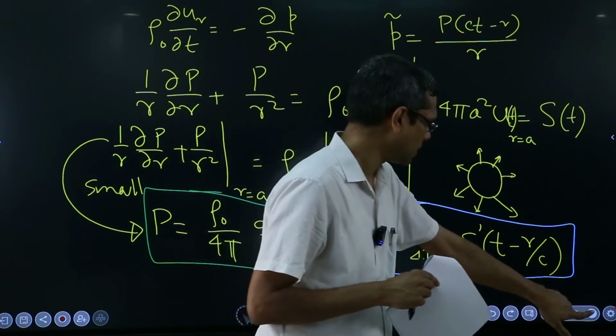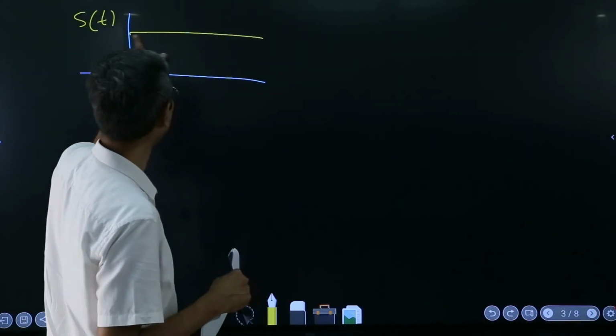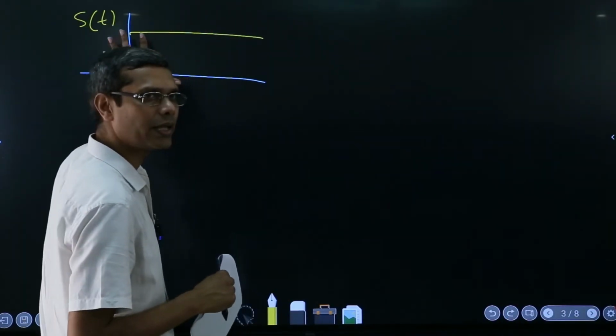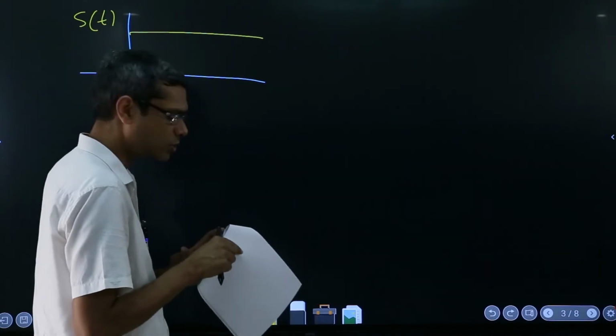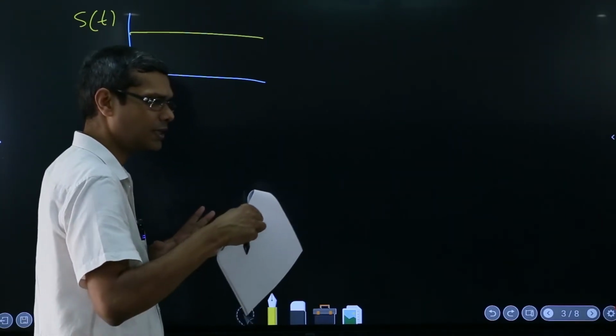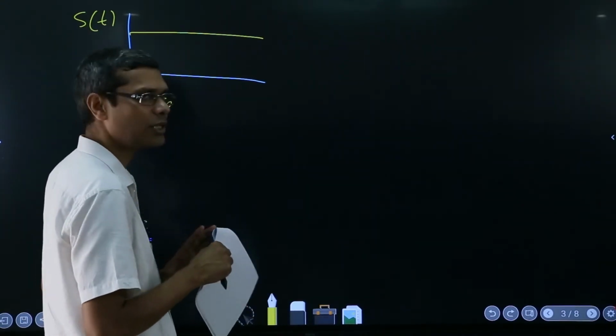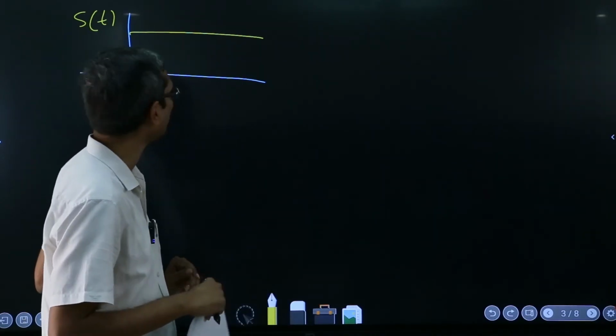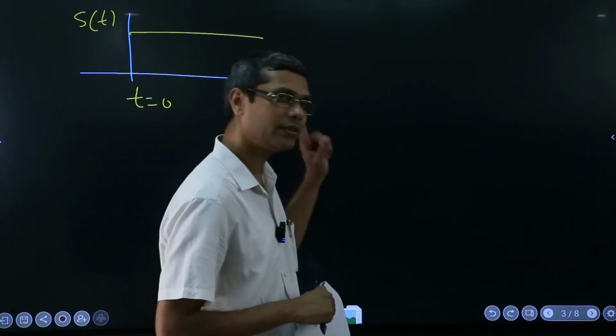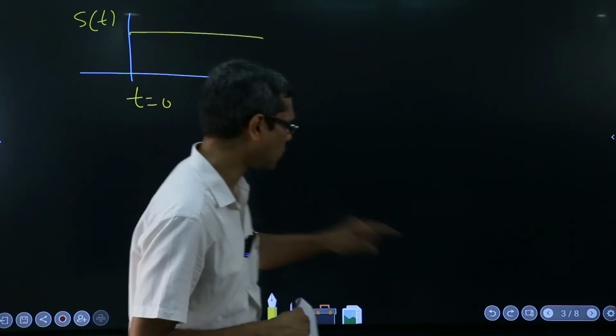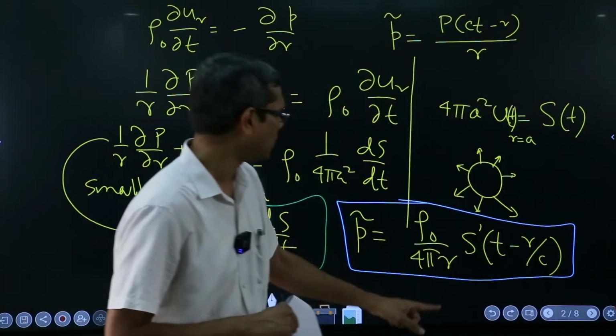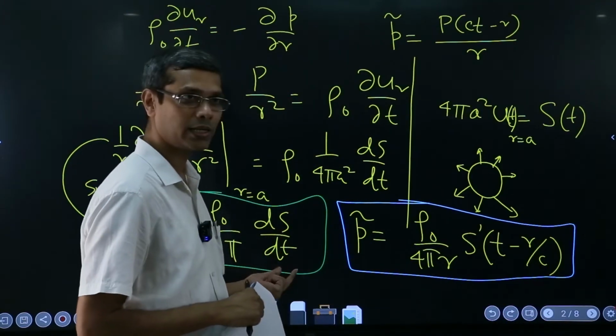So this represents a small source whose surface is increasing, or the radius is increasing uniformly with respect to time. Now if that is the form of s of t, what will be the form of ds by dt?